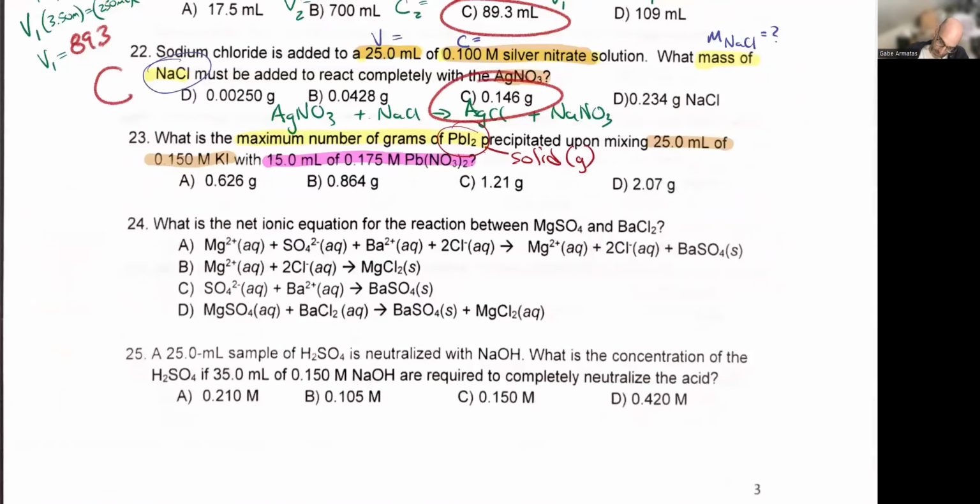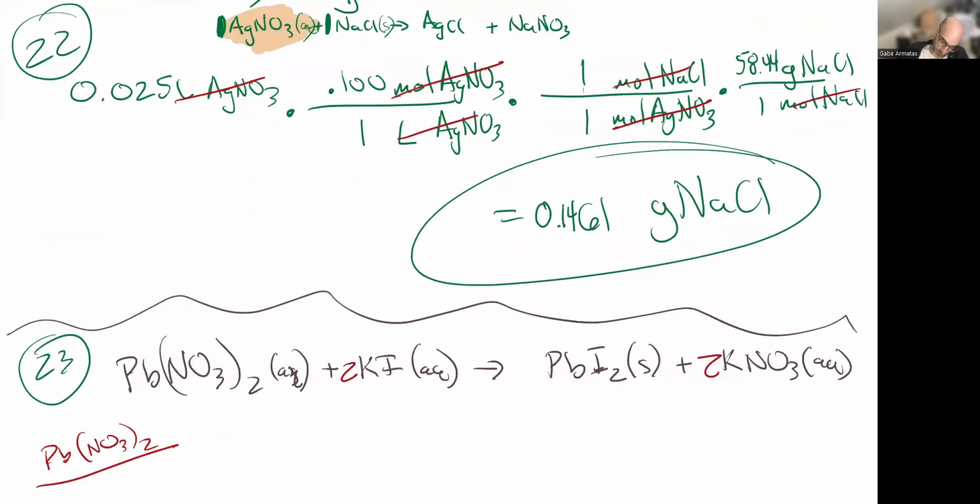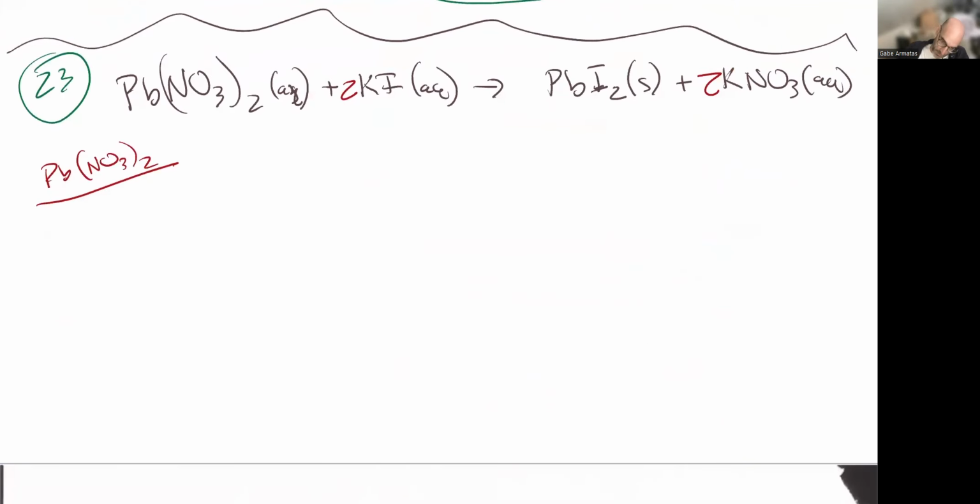So my lead nitrate is 15 mils of a 0.175 molar solution of Pb(NO3)2. That's what I have in solution.